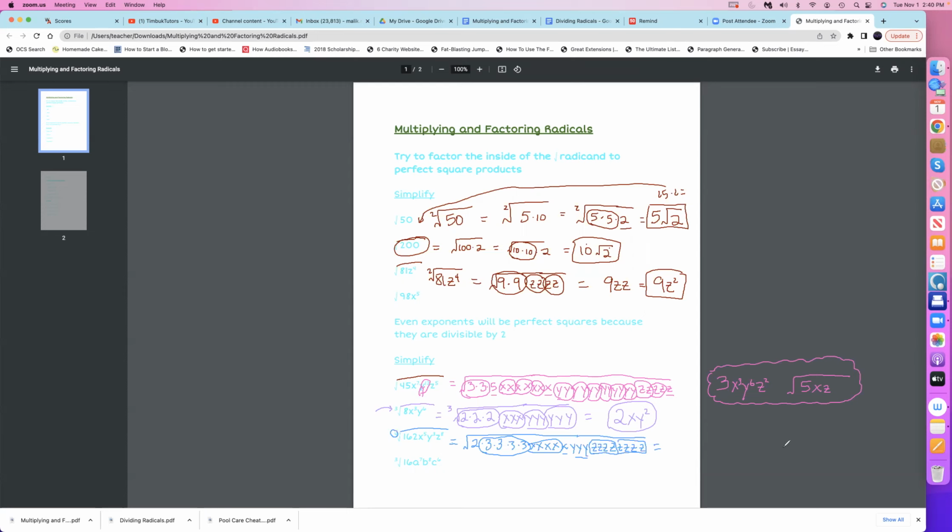Okay, so inside my radical, I have 2xy cubed. And outside I have 3xz squared.